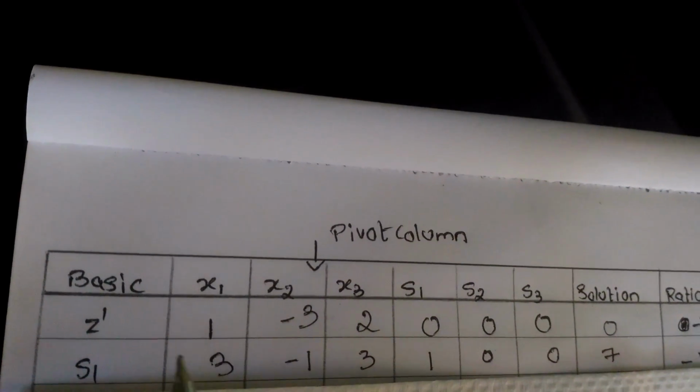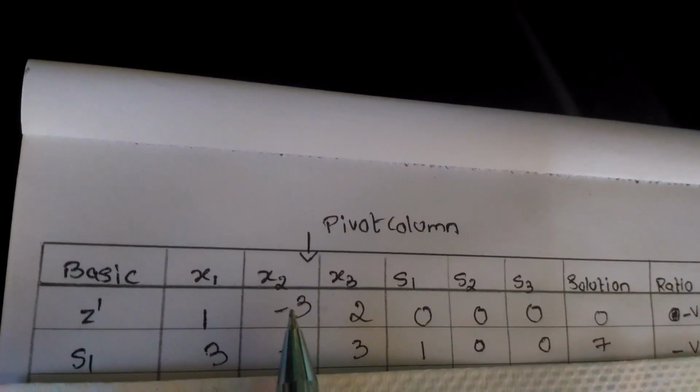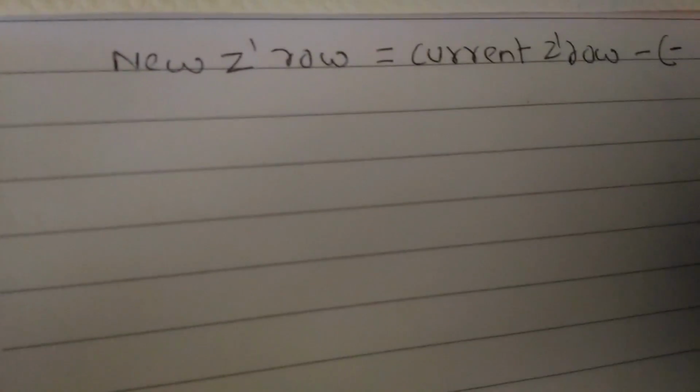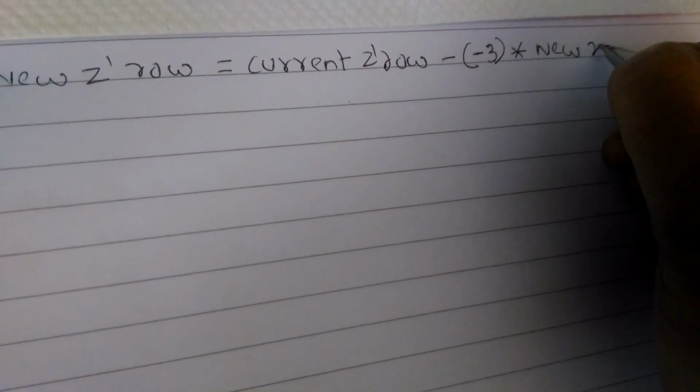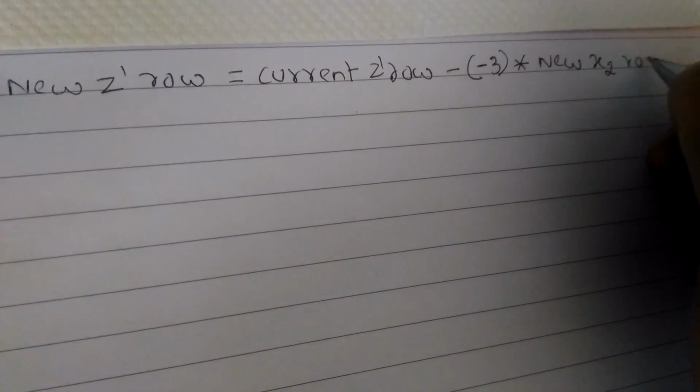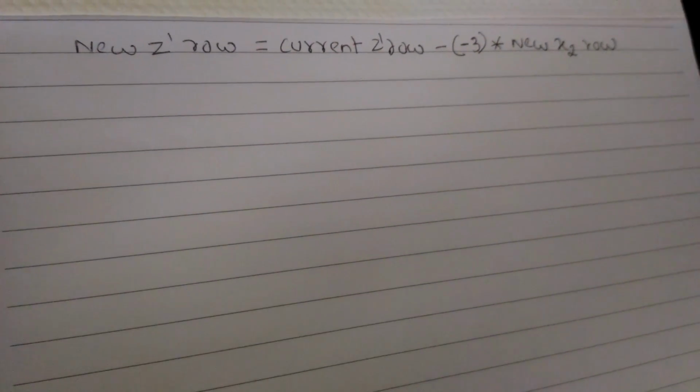The value of the pivot column for this particular row is minus 3. Hence, it's minus 3 multiplied by the new x2 row. This is the formula we have to make use of in order to find out the values for the new z complement row.